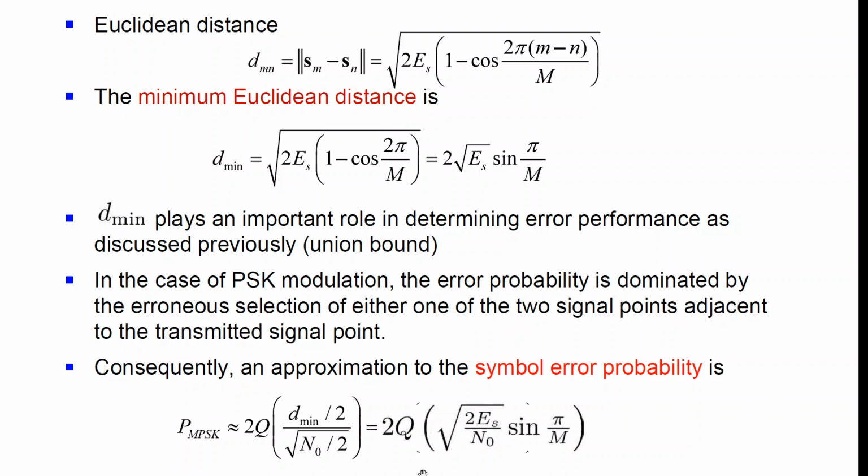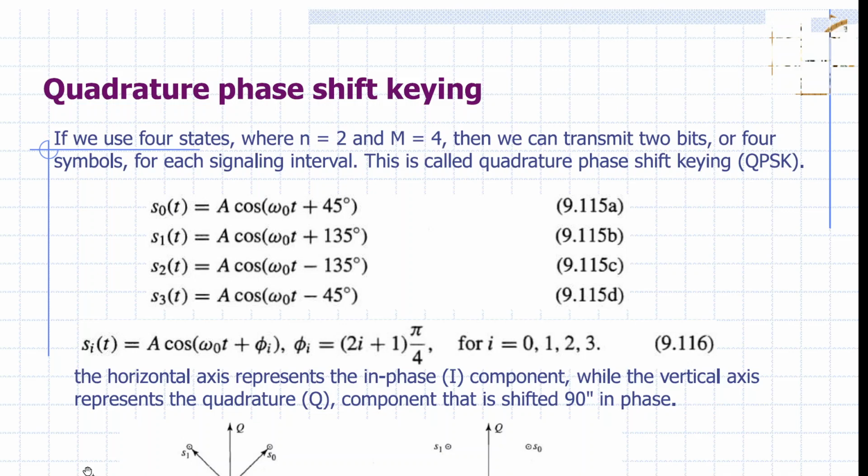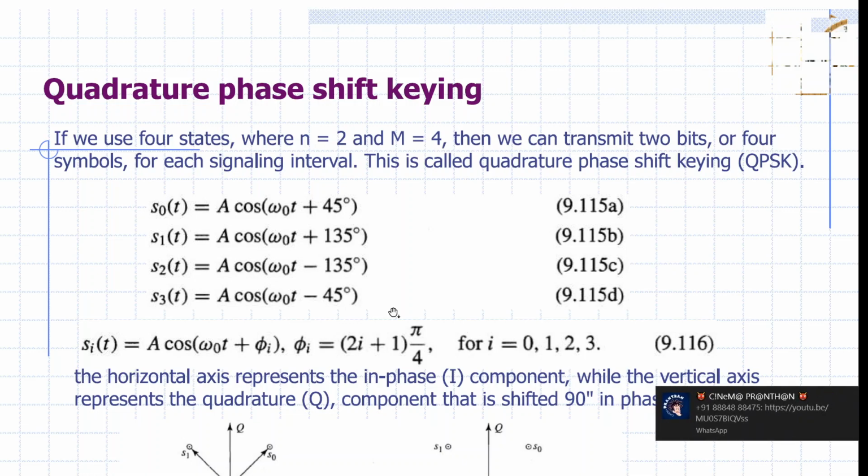Now we will derive this for QPSK separately. Now quadrature phase shift keying. So in quadrature phase shift keying we use 4 states, that is n equal to 2 and capital M equal to 4. You have 4 signals, so we can transmit 2 bits for each signaling interval. We will be using a combination of 2 bits: 00, 01, 10 and 11.